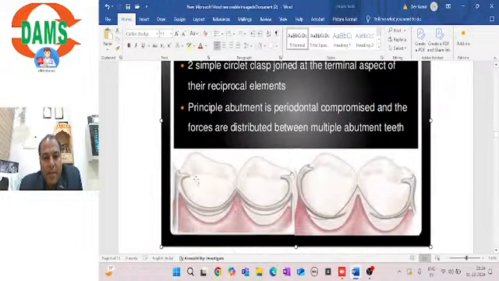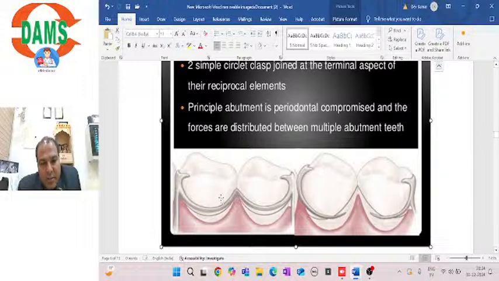What is this clasp? This is a multiple circlet clasp. So those simple circlet clasps are joined at the terminal aspect of the reciprocal elements. Okay. So you see from the labial aspect, and from the other aspect you can see that. Okay, so you can see that it appears that they are splinting these two teeth.